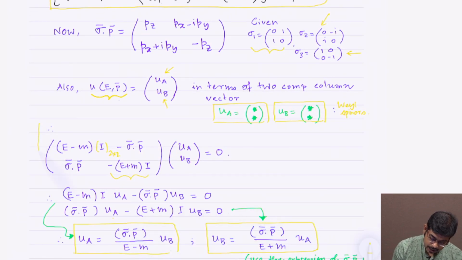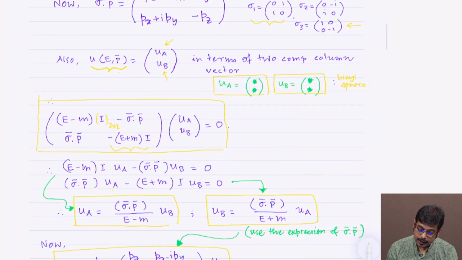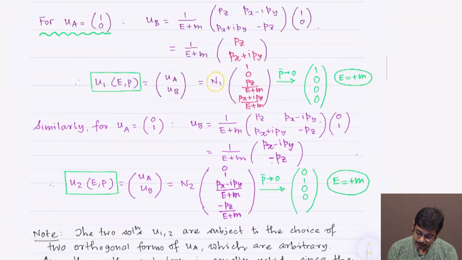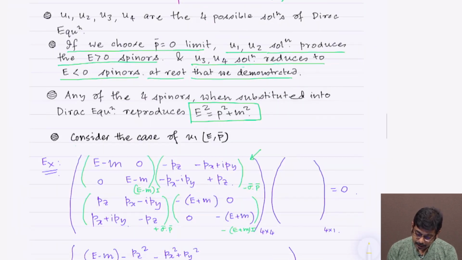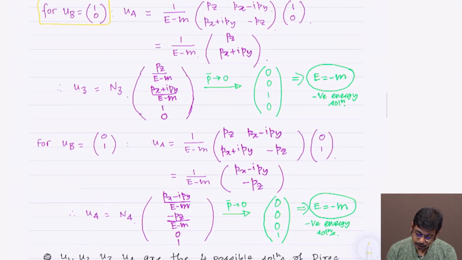This is the form: E minus m times I, which is a 2 cross 2 matrix, minus sigma dot p, minus E plus m I, acting on UA UB. Now, let us choose the U1 solution. So, what was the U1 solution?